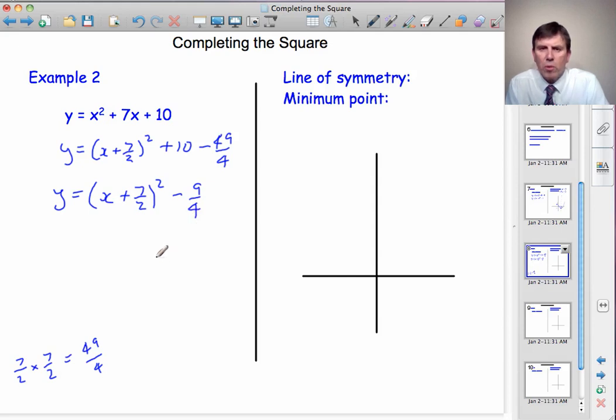And now we've got what we need to identify the line of symmetry, the minimum point, and to sketch the graph. Line of symmetry is the value of x that makes the bracket 0. X equals minus 7 over 2. And the minimum point occurs on that line, so the x-coordinate is given by minus 7 over 2.